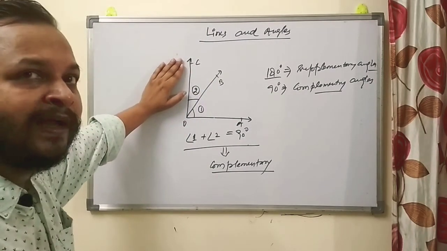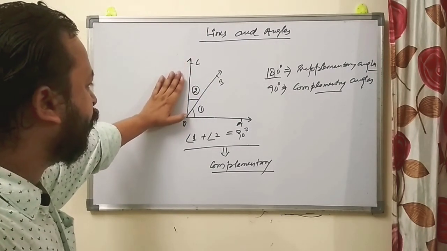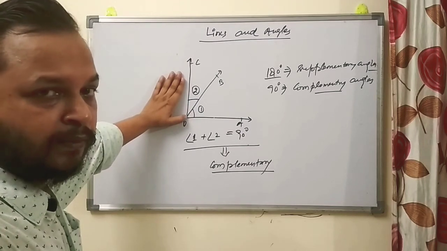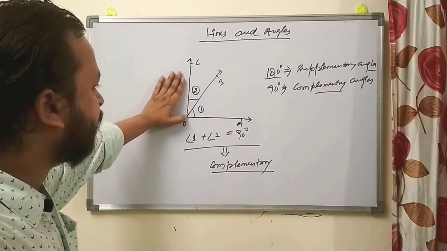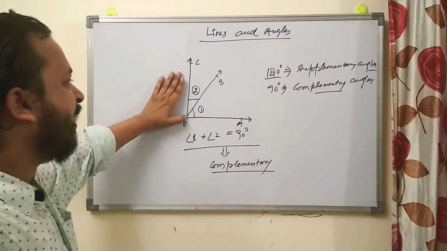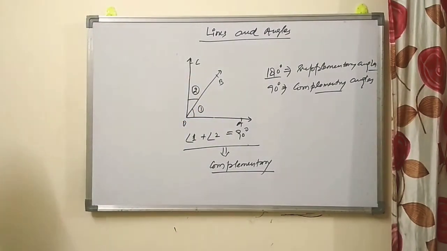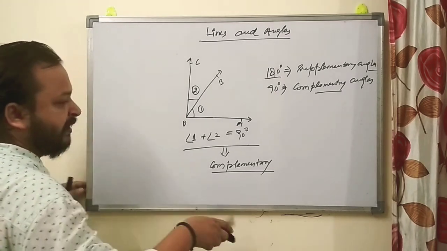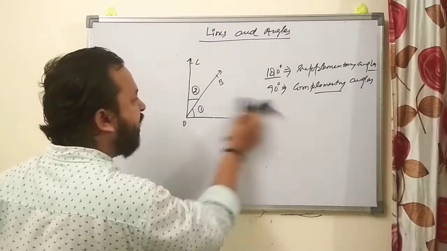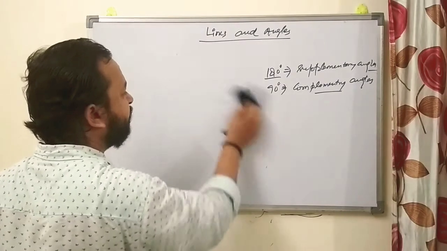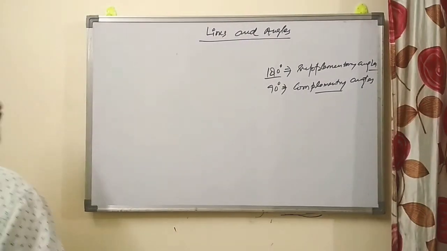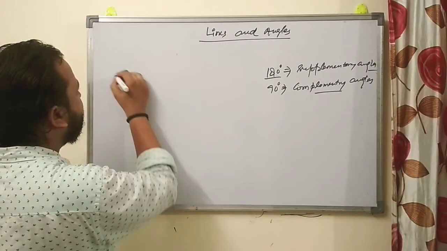If two angles have one common vertex, that is known as adjacent angles. So adjacent angles can be of either type.